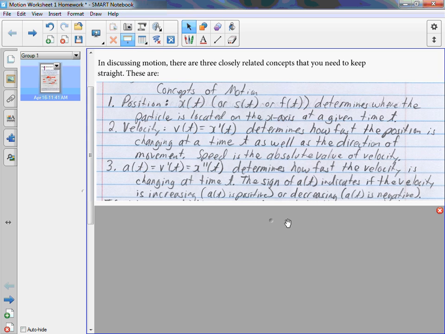So acceleration is the derivative of the velocity, or think of it as the second derivative of the position. And acceleration determines how fast the velocity is changing at time t. Acceleration is the rate of change of the rate of change.